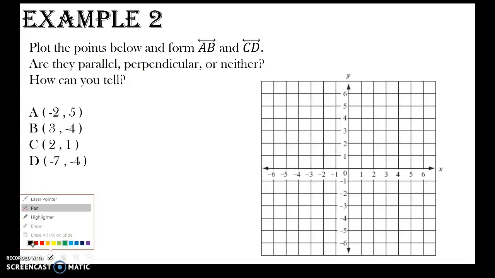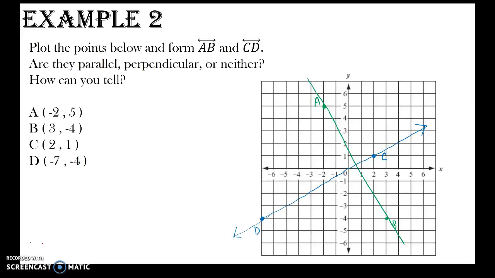Okay, pause the slide. Plot these 4 points for me. Okay, so now we have lines A, B, and C, D. Determine if they're parallel, perpendicular, or neither. Not parallel to each other because the lines intersect. So now let's determine the slope.